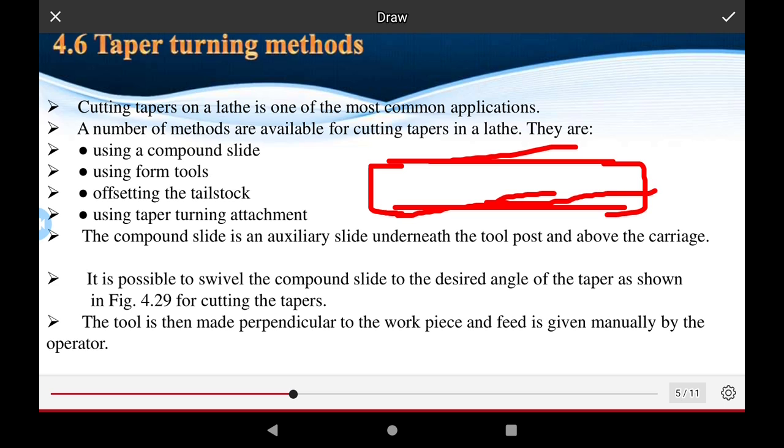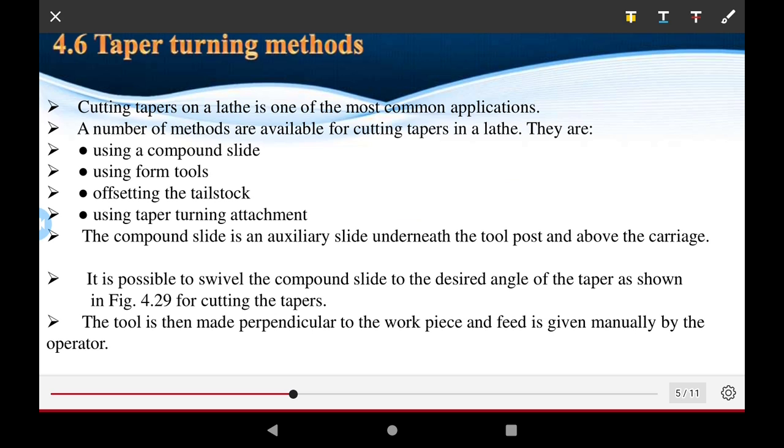The requirements for the operation are: first, use of the compound slide and selection of the tools; then offsetting of the tailstock, and use of the taper turning attachment.